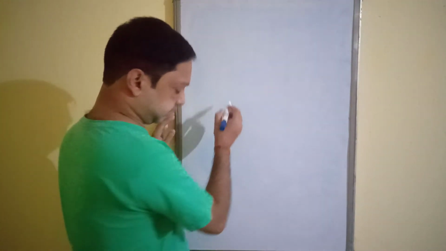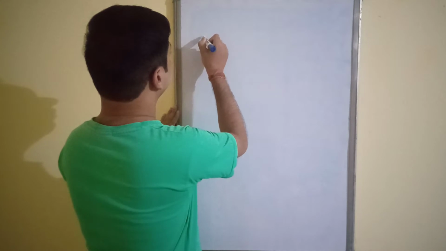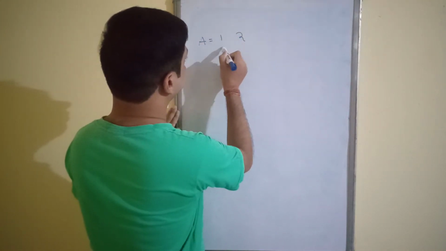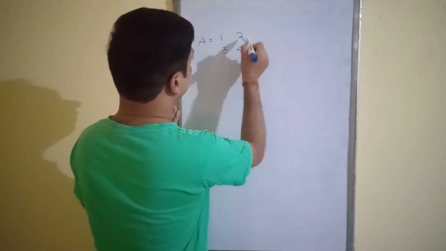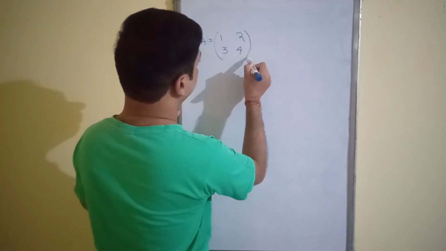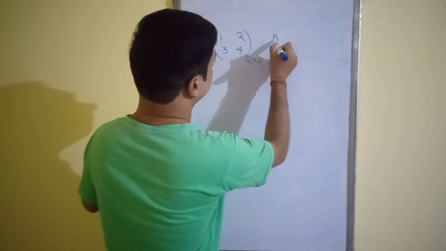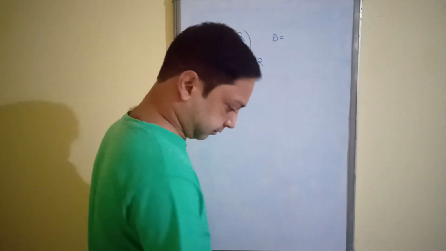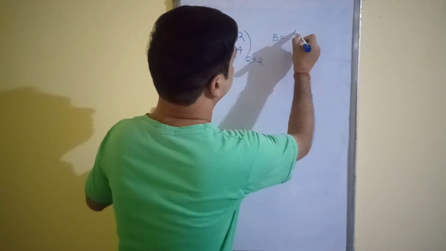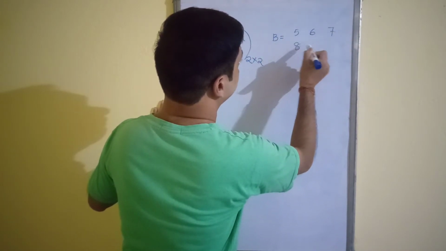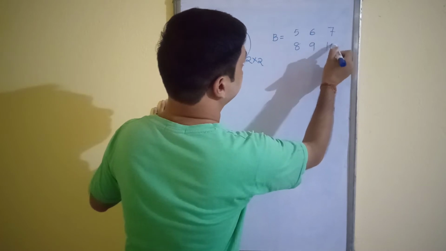Let A equal to 1, 2, 3, 4, and the order is given here as 2 into 2. Similarly, B is given as 5, 6, 7, 8, 9, 10.